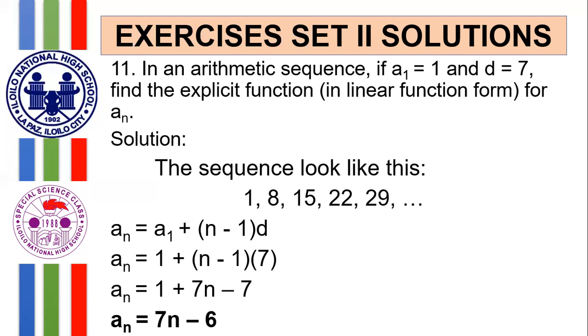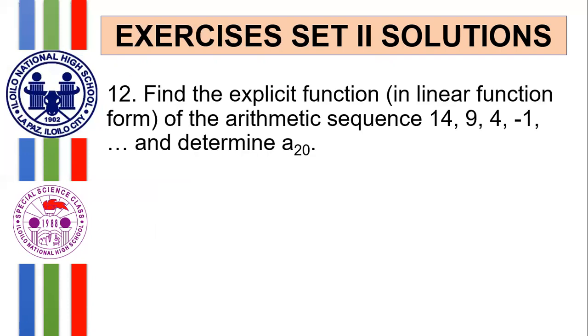Number 12 is kind of parallel with number 11. Let's have it. Find the explicit function in linear function form of the arithmetic sequence 14, 9, 4, negative 1, and so on, and determine a sub 20 or the 20th term.